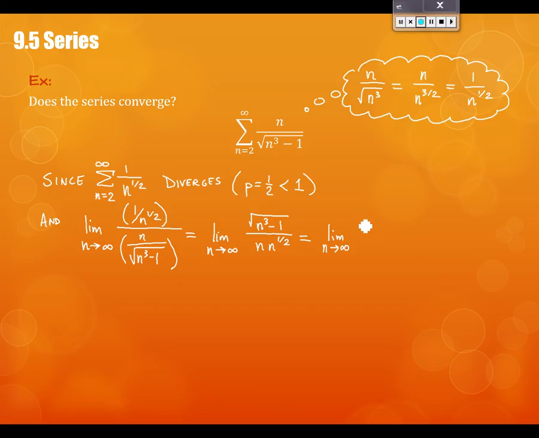So n to the 3/2 in the denominator, which is the square root of n cubed. I also happen to know another property: the square root of a over the square root of b is equal to the square root of a over b.